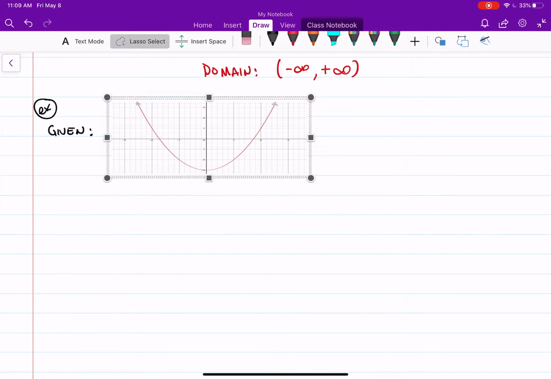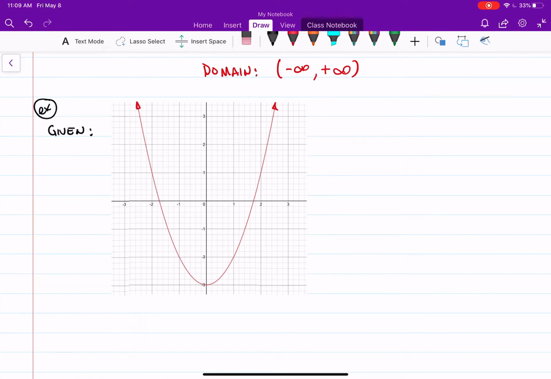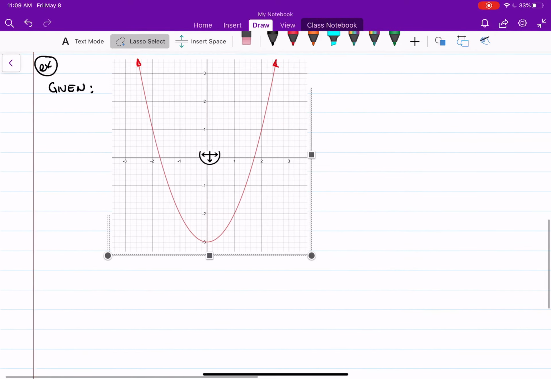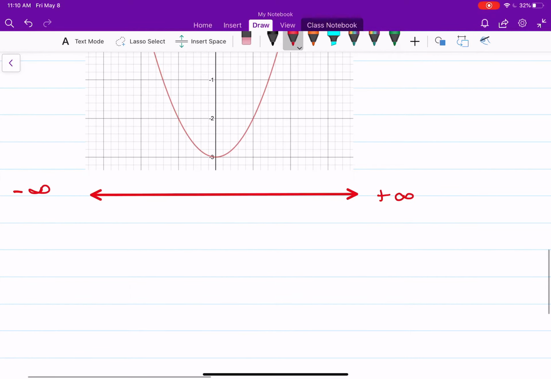You can only imagine what would happen if I were able to keep on going. The result would be this again. So this would point to the left forever, point to the right forever. So therefore my domain would be negative infinity to positive infinity.